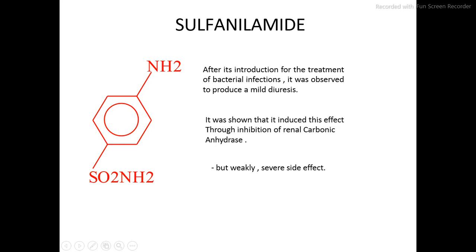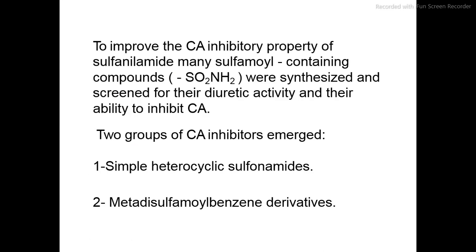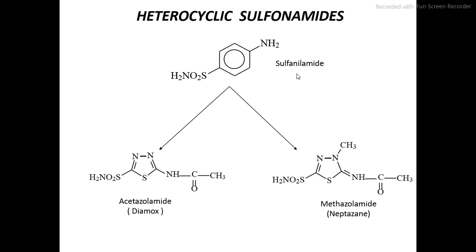These two chemical classes are considered for the development of two series of carbonic anhydrase inhibitors. Basically, from the development of sulfanilamide, we have developed two different classes of drugs.